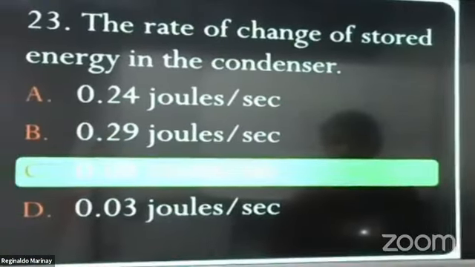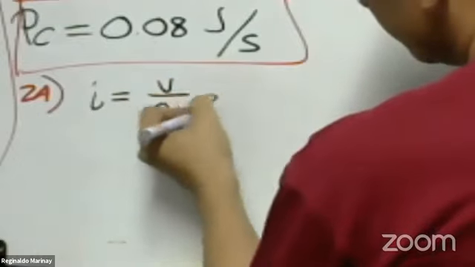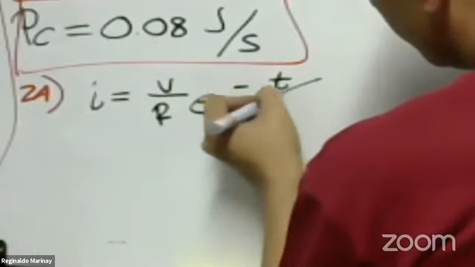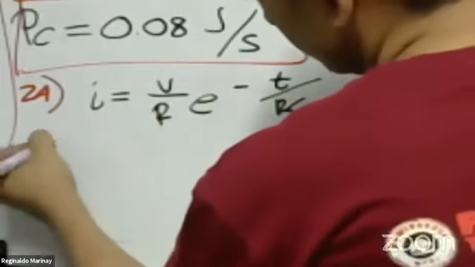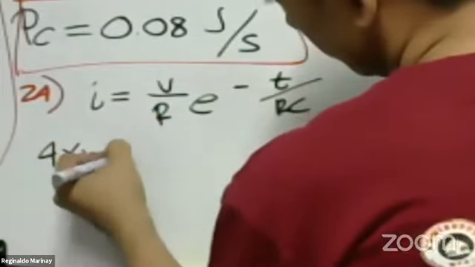We calculated the current, 4 times 10 to the negative 3. So, we have the formula. What is again the formula? I equals V over R, e raised to negative t over RC. What is our current? That is 4 times 10 raised to negative 3.